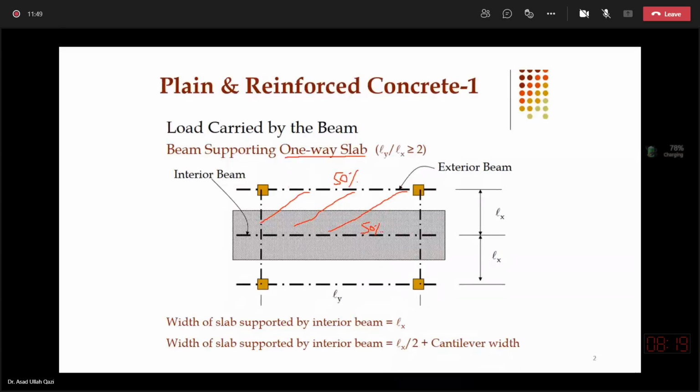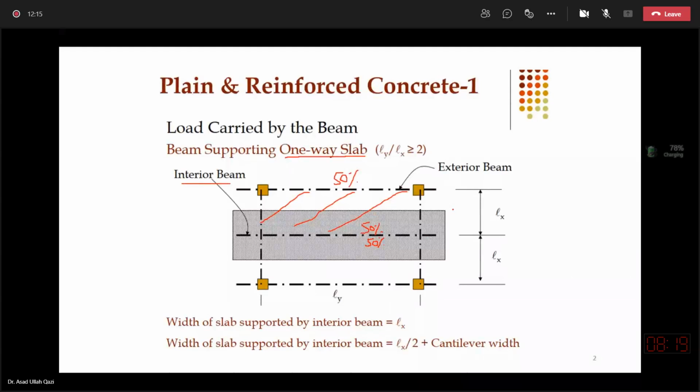And same is the case in the next panel, that 50% of its load will be transferred to this beam. So it means this interior beam is carrying 100% load, because 50-50% from adjacent panels.